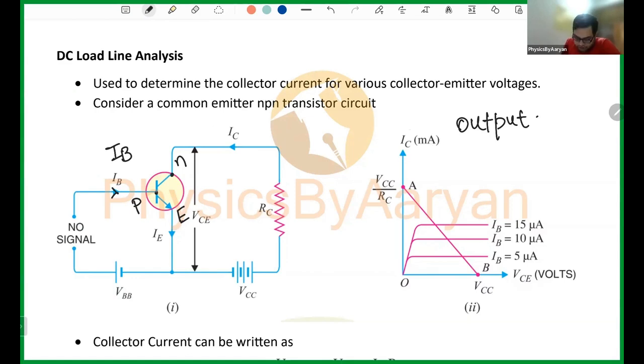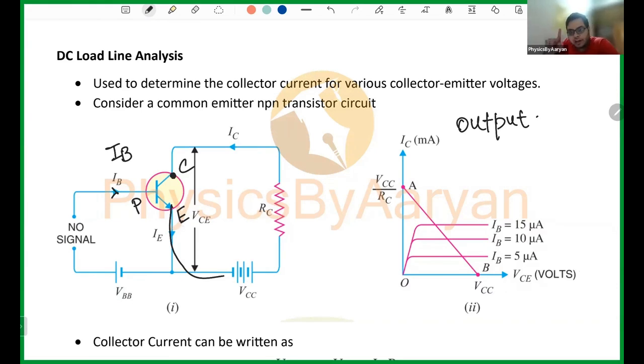The output is connected between C and E. This is collector, this is emitter. So your output voltage is VCE.